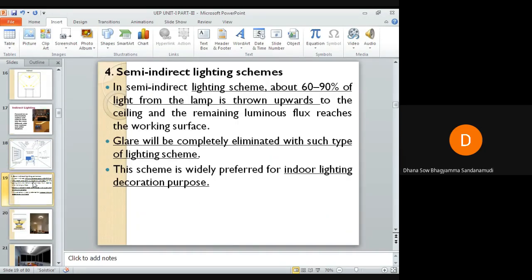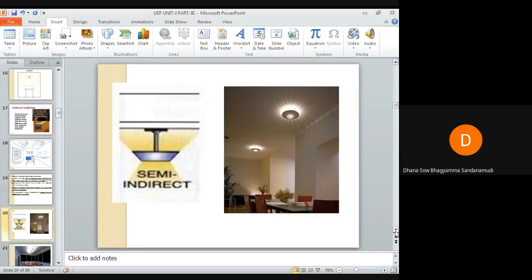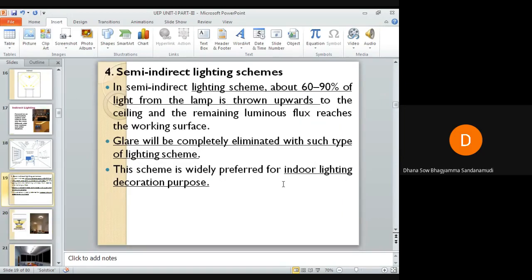So in indirect lighting, 90 to 100% of the lighting will be focusing towards the ceiling. Okay, so next is semi-indirect lighting. In semi-indirect lighting, 60% to 90% of the lighting will be focusing towards the ceiling, and the remaining 40% to 10% will be focusing towards the surface.